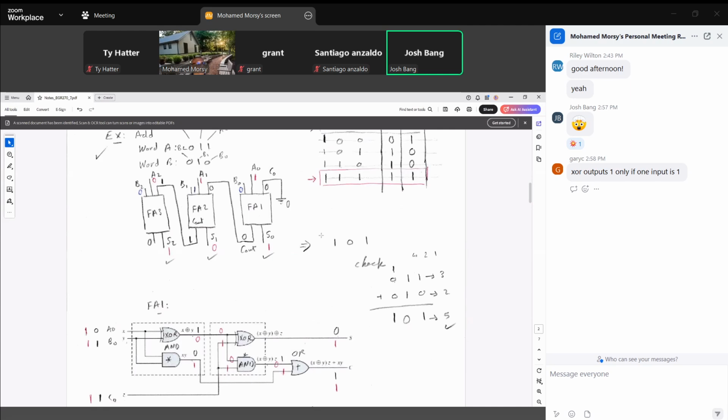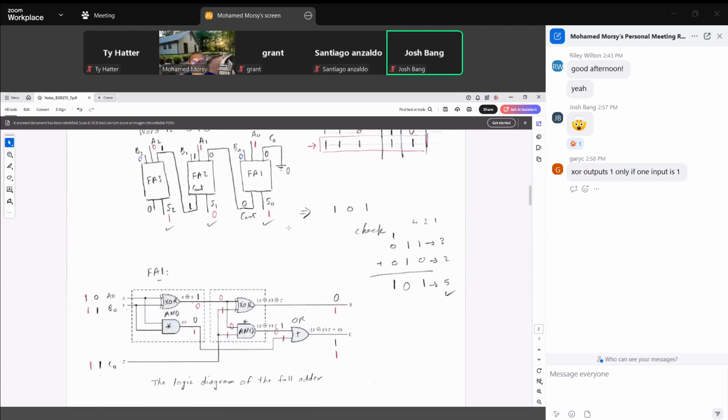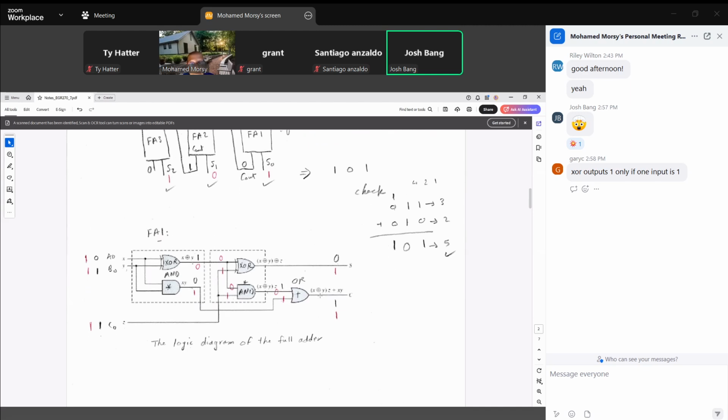Professor, I have a question. Yes, speak louder, please. Your voice is very low. Can you hear me? Yeah. Okay. I was wondering, when we do the simulations, are we going to have the full adder as one block in the simulator, or are we going to have to build it manually?